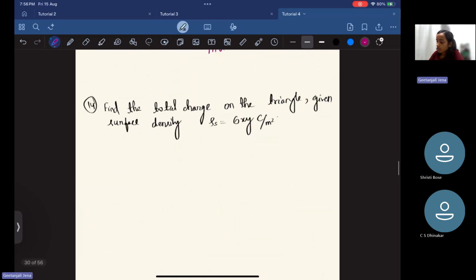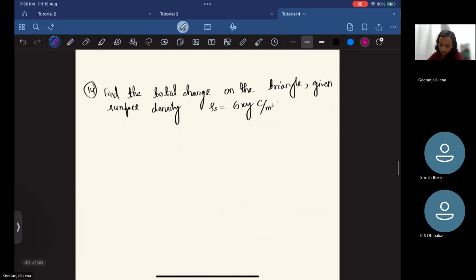Okay, so let us move to our next problem. It's similar to the previous problem, and it is asking you to find out what will be the total charge on the triangle. The triangle is not given here, so let me draw it. There is a triangle.